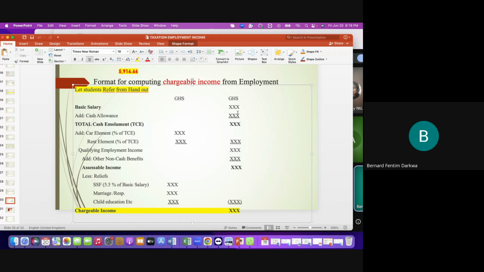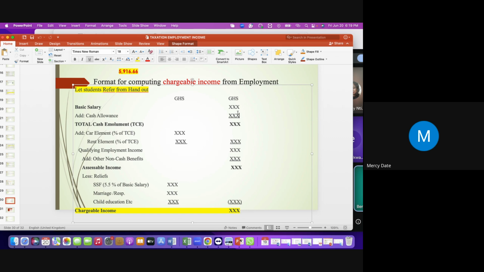But we remember that when we were talking about garden boy, maid servant, cook, and laundryman, we said that if the salary of these servants in the employee's house is given to the employee to go and give it to them in the house, we treat it as cash allowances. However, if the servants' salary is paid to them directly, then we treat it as other non-cash benefits. I remember something like that.